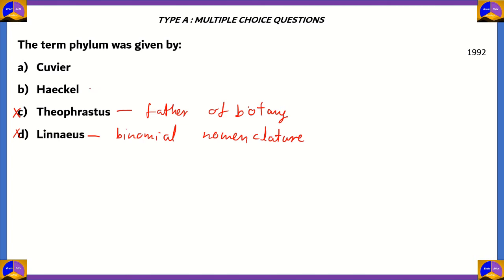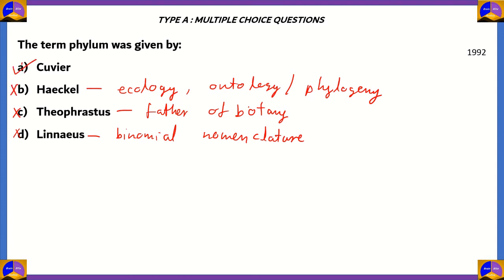Now, what about option B, Haeckel? Well, Haeckel did coin terms, but those were other terms such as ecology and ontogeny, phylogeny. So those were terms which were coined by Ernst Haeckel. So option B is incorrect.